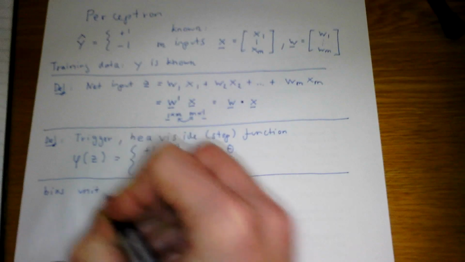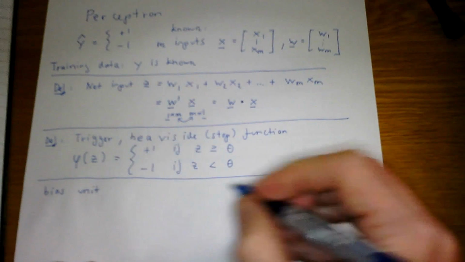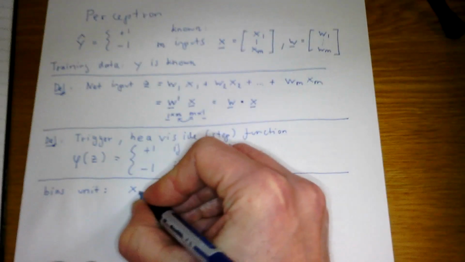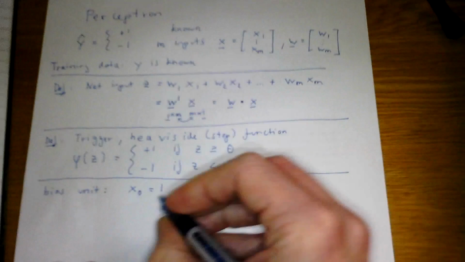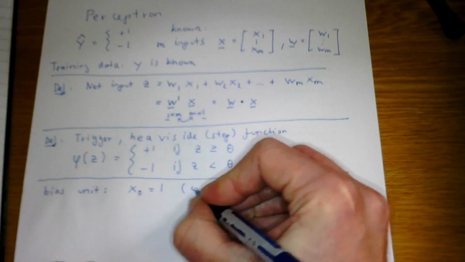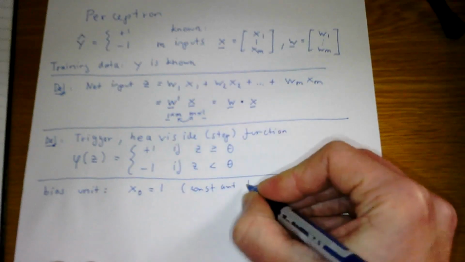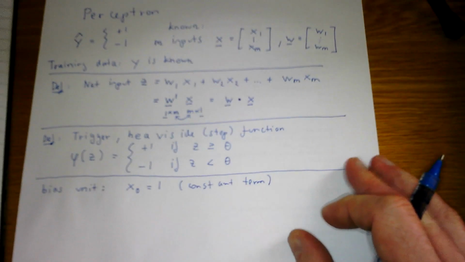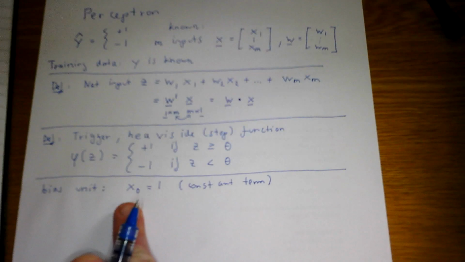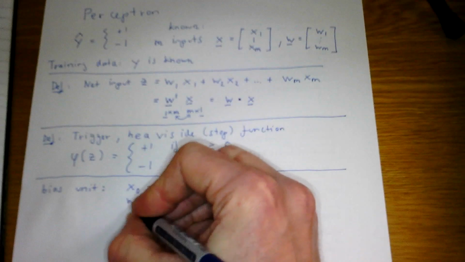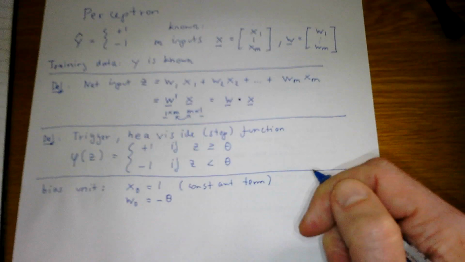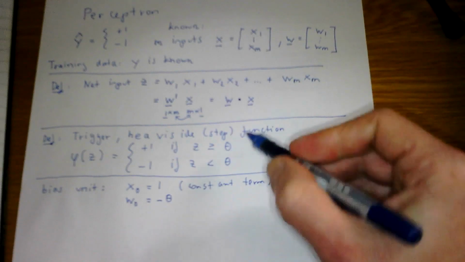A bias unit is an additional input which you include in your model, which simply takes the value x0 equal to 1. This is like a constant term. If you have done some statistics in the past and you have done some regression models, you know that if you take the value 1 throughout, you get a constant term, and you have an associated weight which is simply minus theta. That would basically remove my threshold.